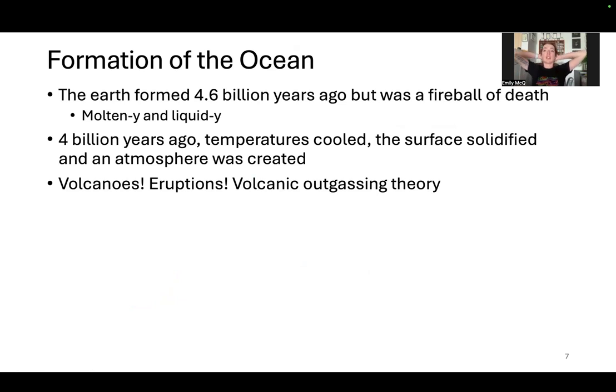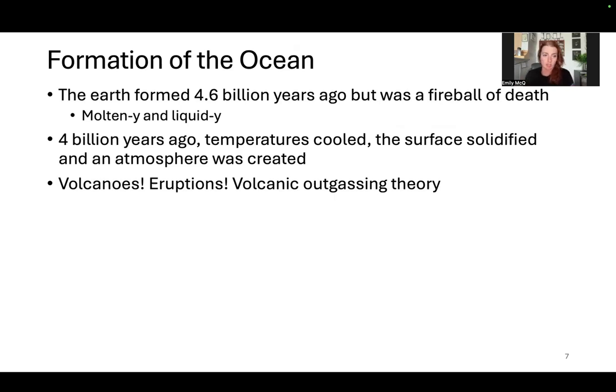So scientists believe, and to be completely honest, we're still studying this. We don't have full evidence that this is entirely where the water came from as a whole right now. In fact, we're learning some other interesting relationships between different reactions that are actively happening right now. What we believe is that when the Earth formed 4.6 billion years ago, it was a fireball of death.